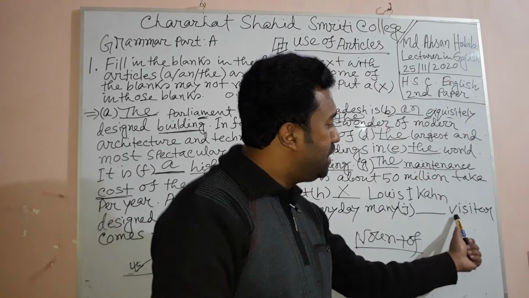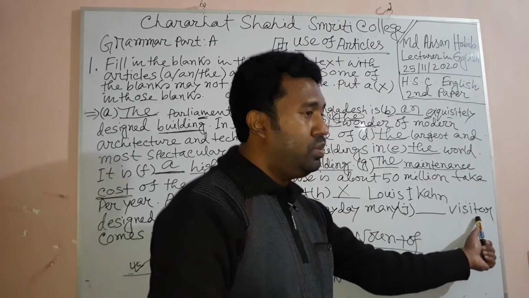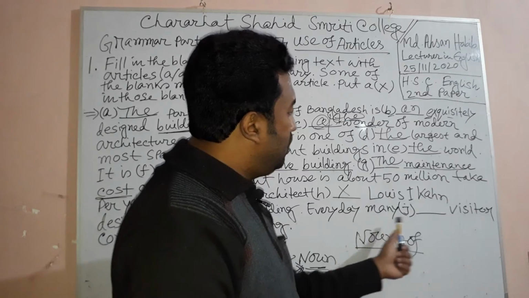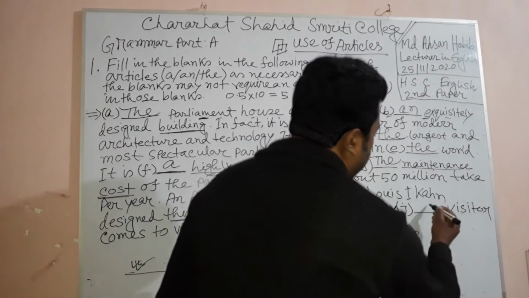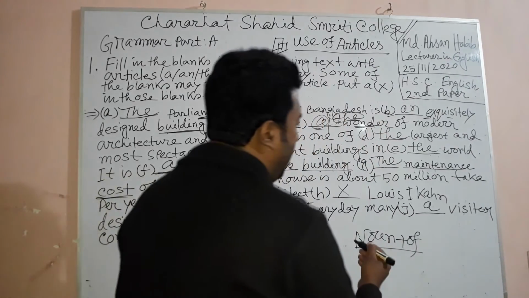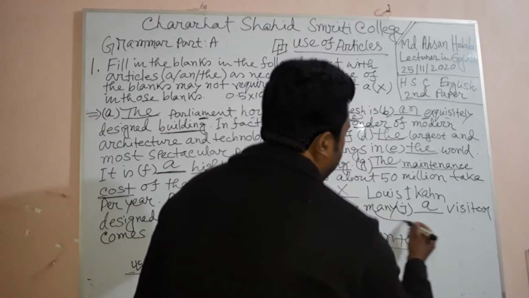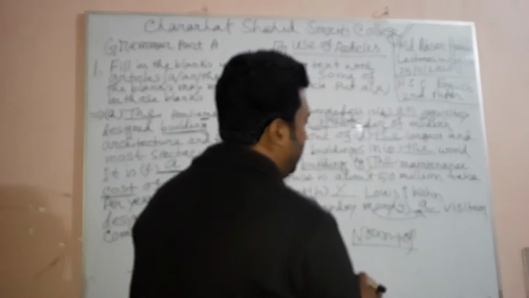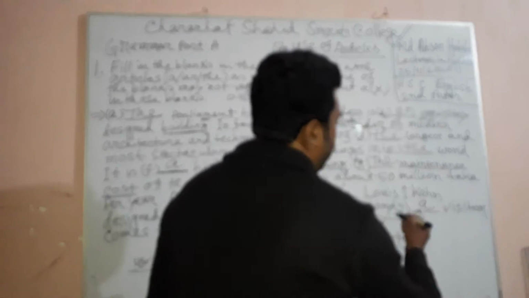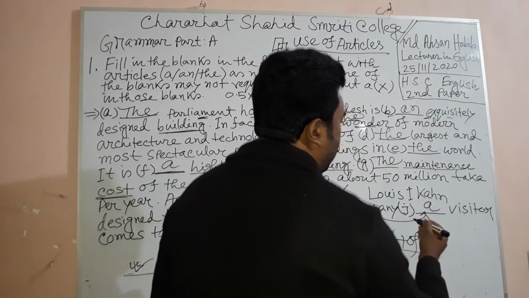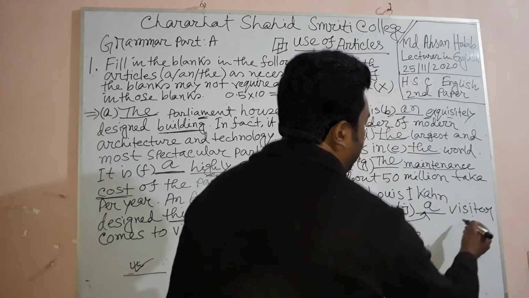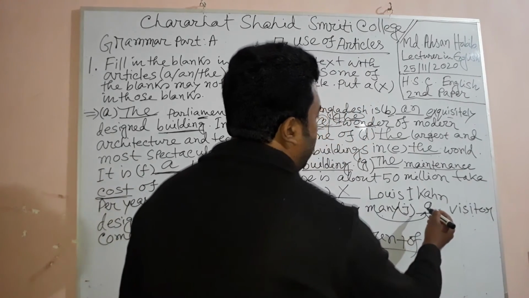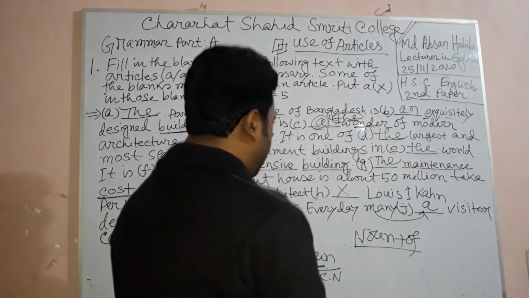That is why we can say it is a singular noun. So as it is singular, we have to put here a. Why? Because it's a special use of many. When we have many and after many we have a singular noun, we have to put here a.